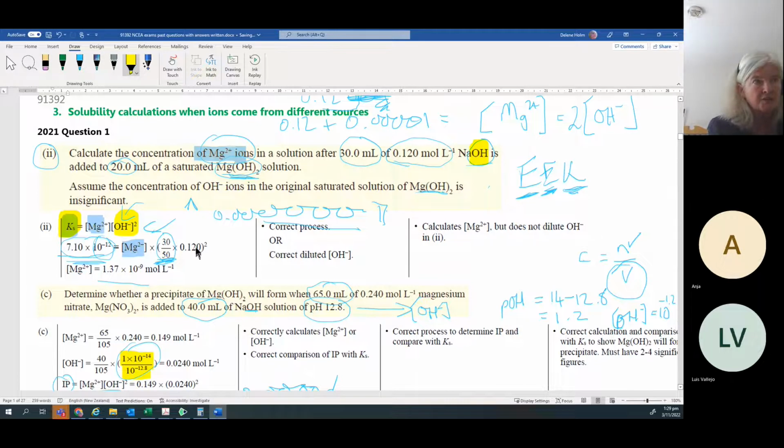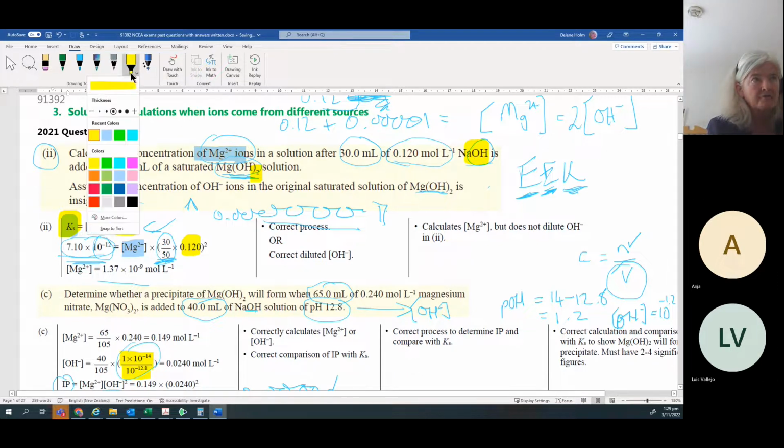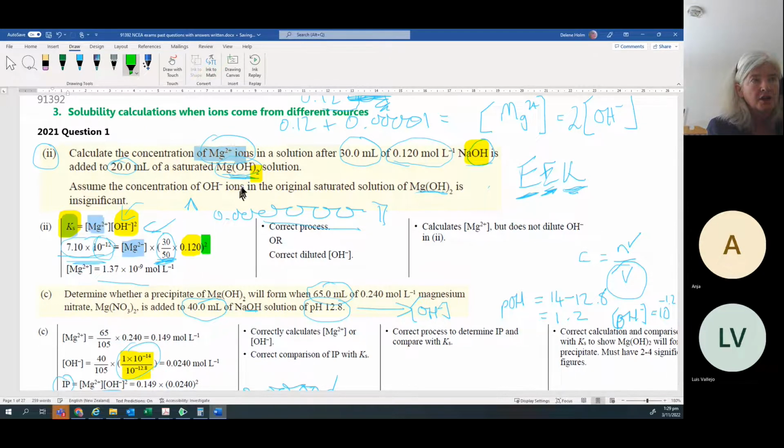So you can't multiply this by 2 because this is not coming from that. This is coming from over here. Does that make sense? So I haven't suddenly made this 0.24. However, I have made this 2 there because I need it in my expression. Does that answer your question?